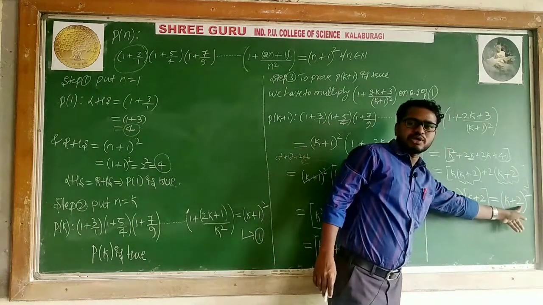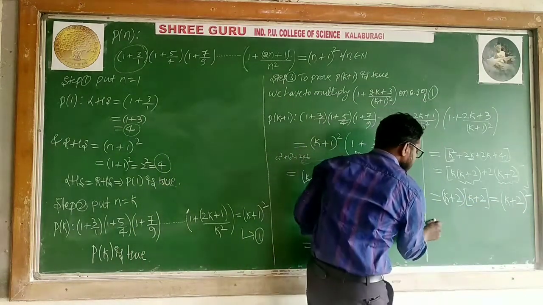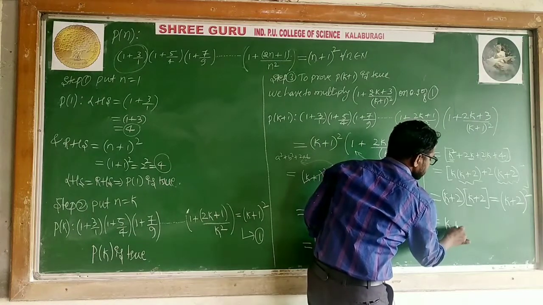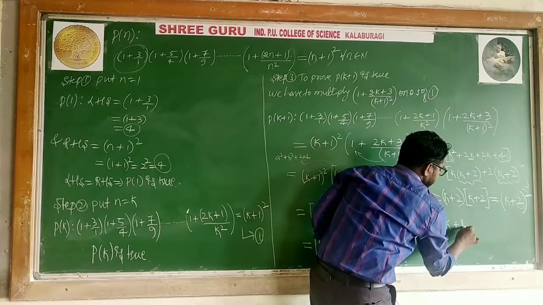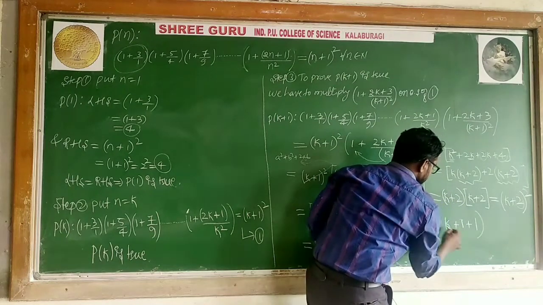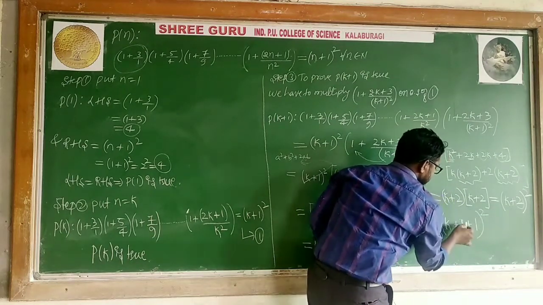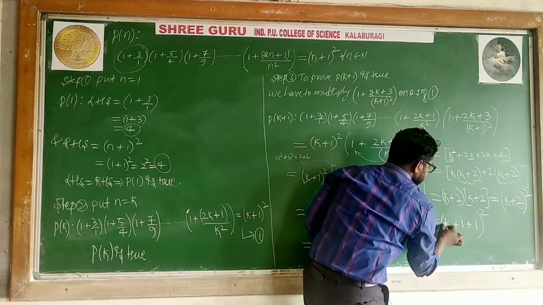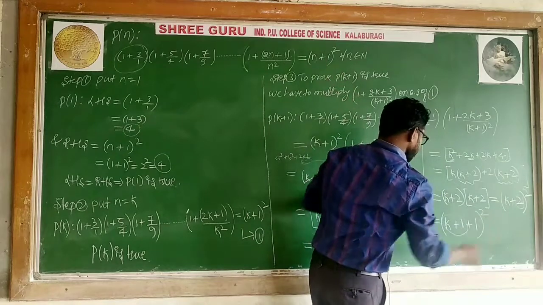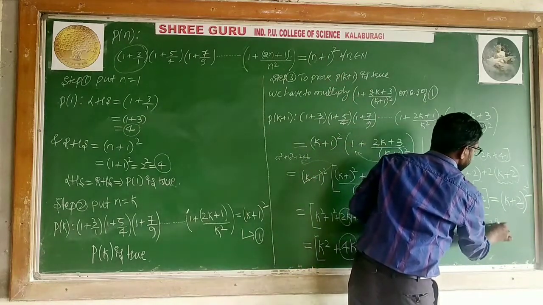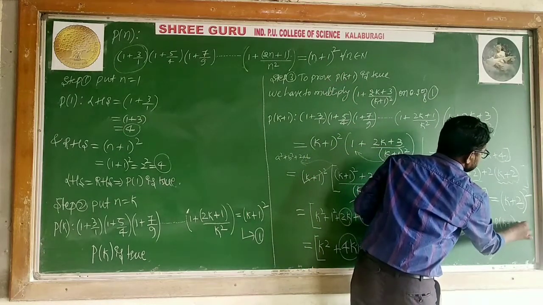The 2 can be written as 1 plus 1. So it is like (k plus 1) plus 1, whole square, that is (n plus 1) whole square. It is proved. It implies that P of k plus 1 is true.